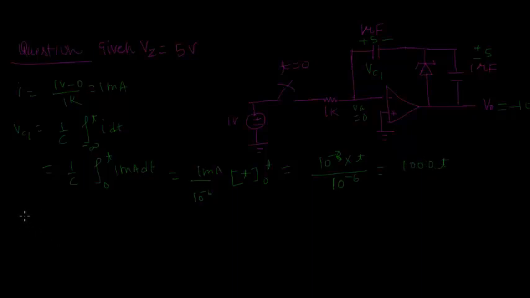What is the time when Vc1 reaches 5 volts, that is, V naught is minus 10 volts? 5 volts equals 1000t, so t is going to be 5 milliseconds.